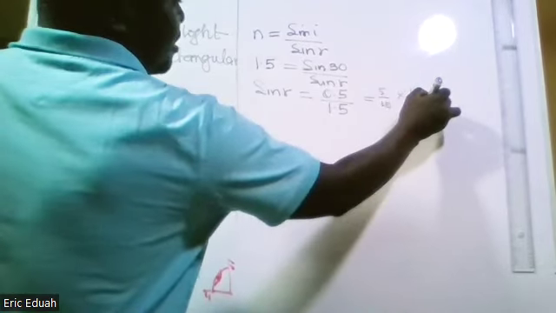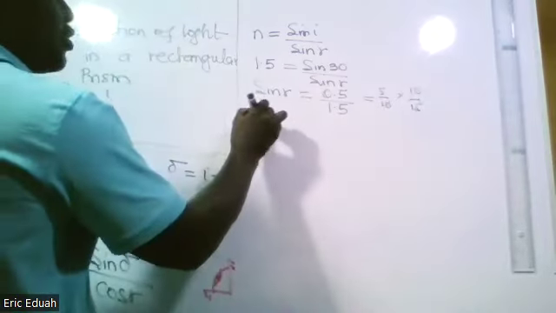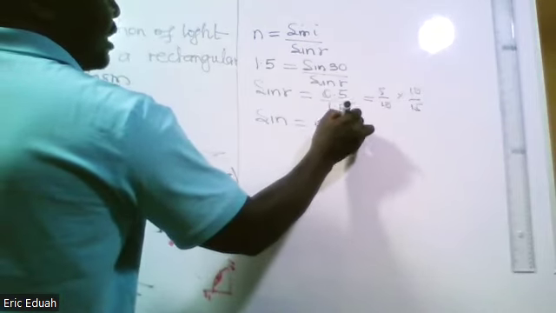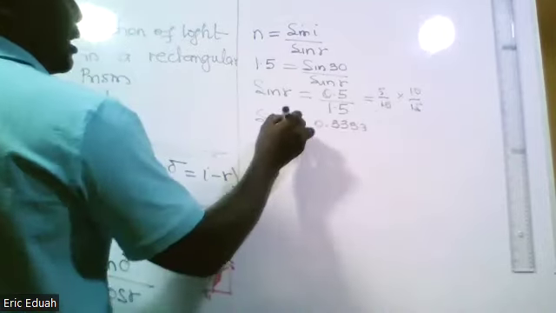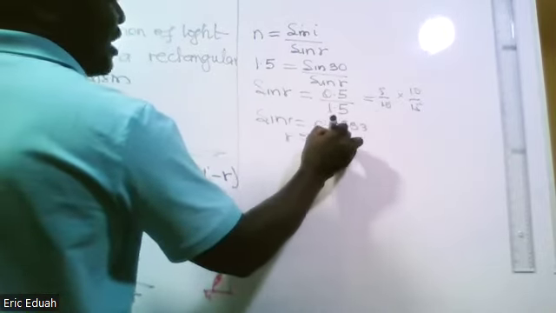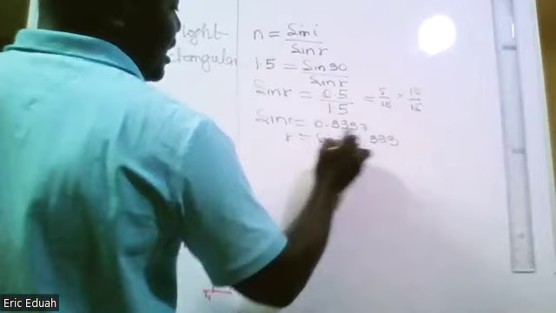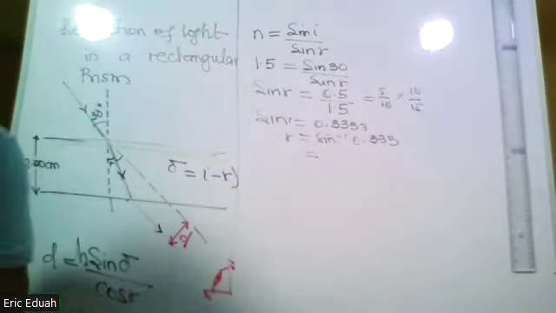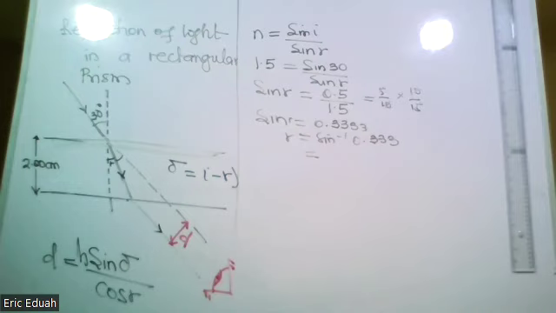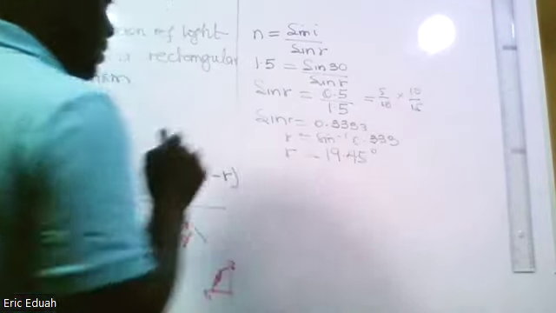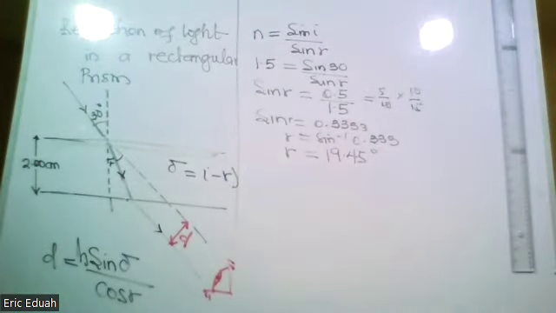This is 1/3, so sine R is 0.3333. Therefore R is the sine inverse of 0.3333, which is 19.45 degrees.